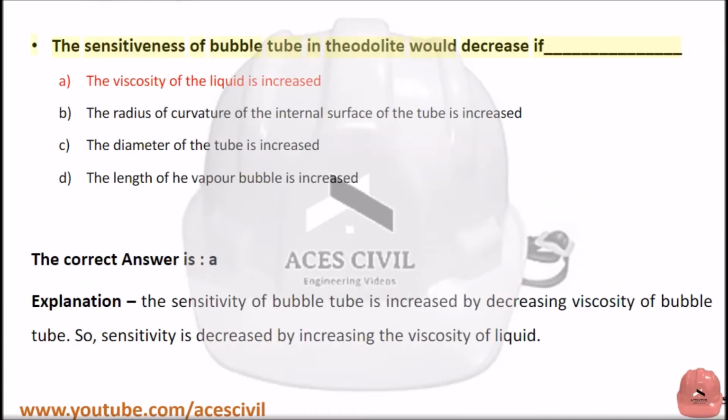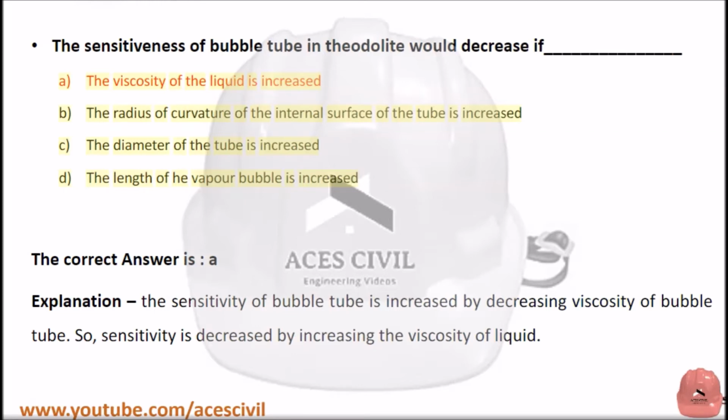The sensitiveness of bubble tube in theodolite would decrease if A. The viscosity of the liquid is increased. B. The radius of curvature of the internal surface of the tube is increased. C. The diameter of the tube is increased.